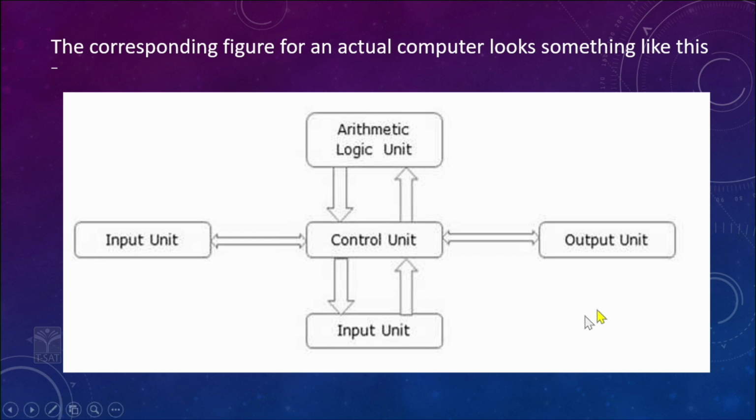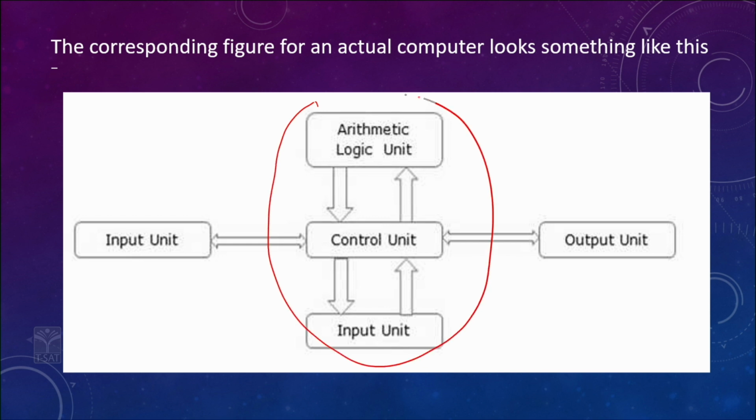When you see this, this is the input unit, and the whole thing will be considered as the CPU, and the next one is the output unit. The whole thing will be considered as a CPU, central processing unit.